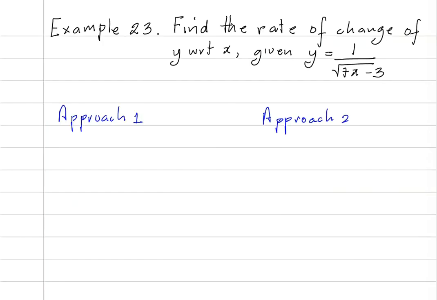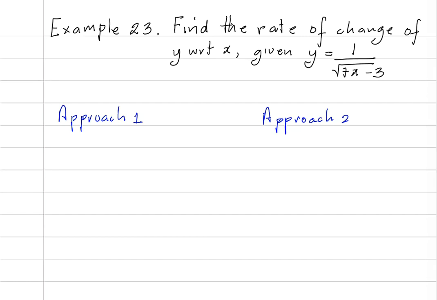Alright, let's have a look at another example, again using both approaches. Example 23 says, find the rate of change of y with respect to x given y is equal to 1 over the root of 7x minus 3.